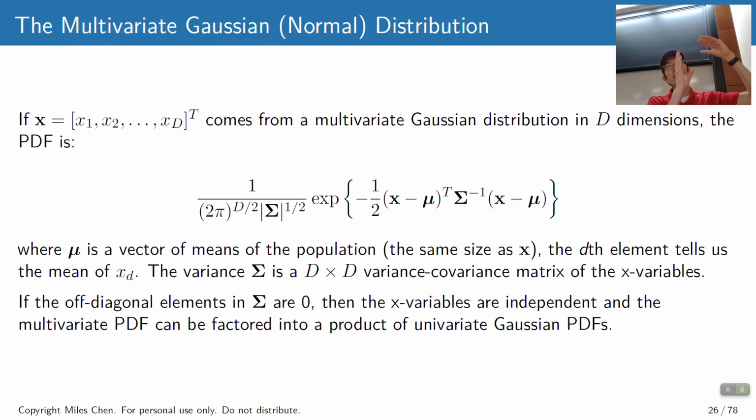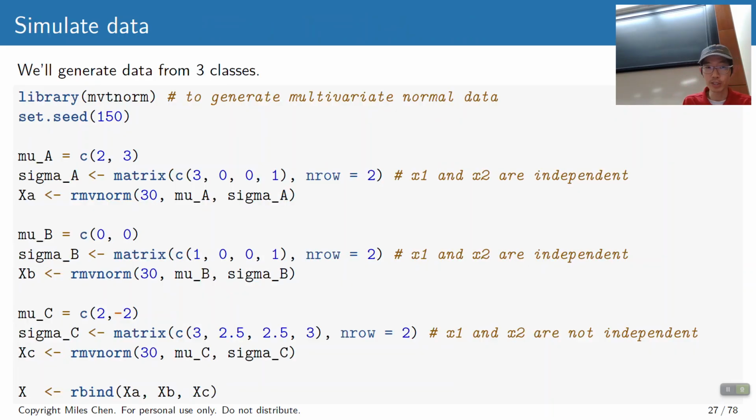The off diagonals are the covariance between x1 and x2, x1 and x3, and x2 and x3. If your covariance is 0, then those variables are independent. You learned variance covariance for multidimensional data in 100B, right?